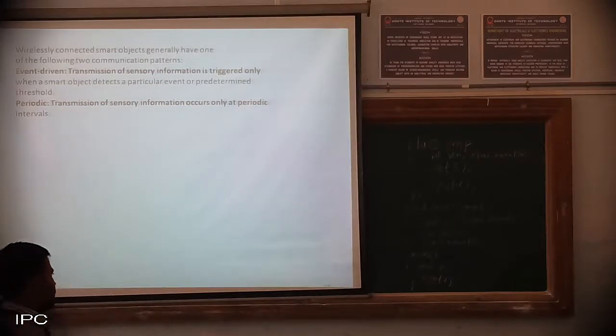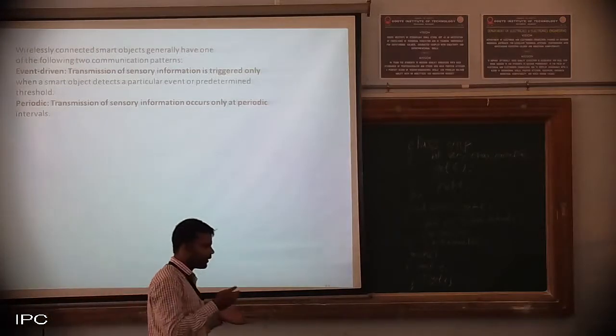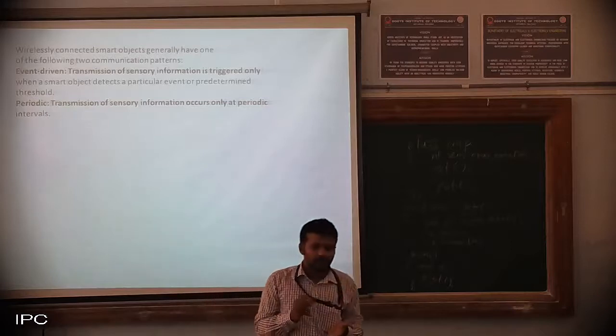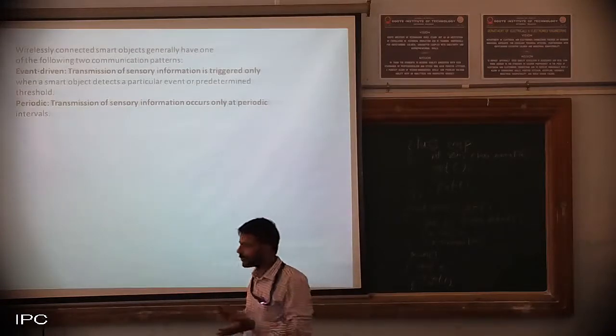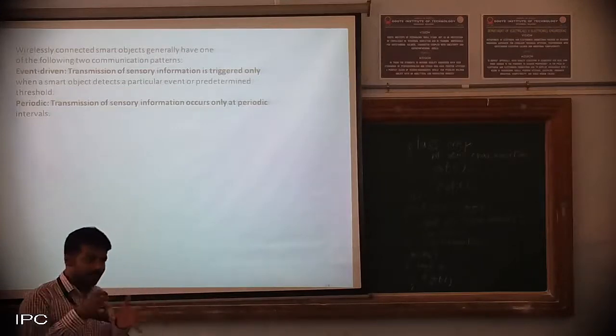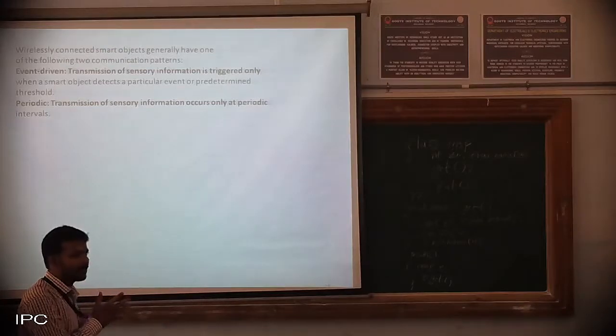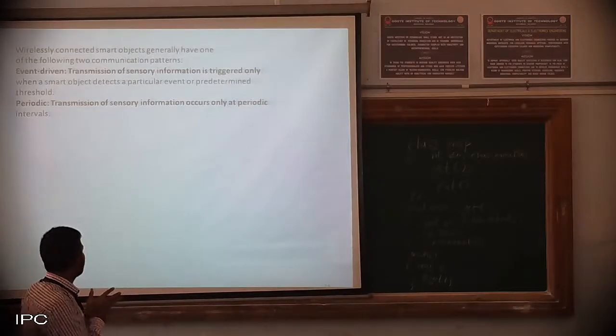Or if a timer is there, monthly once, daily once or hourly once, whenever that time comes, only then will it be activated. That we call the periodic one, that is the second one.